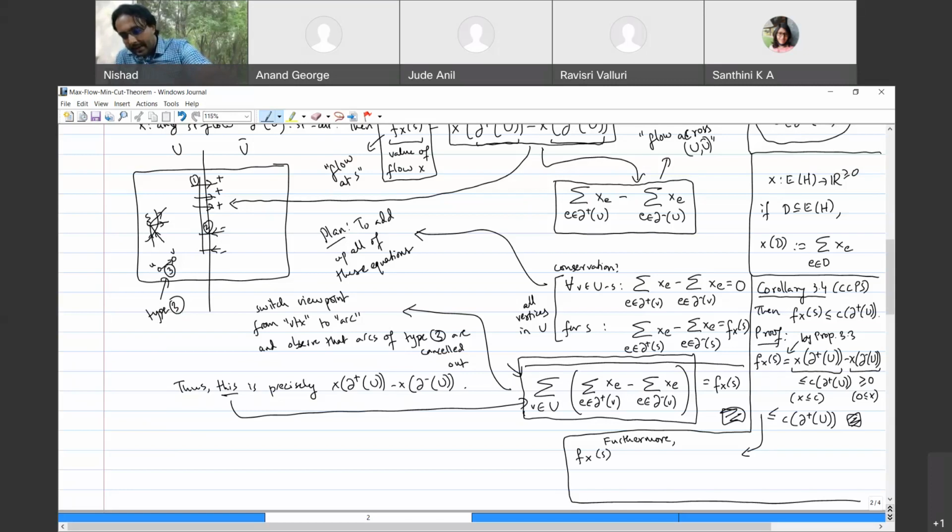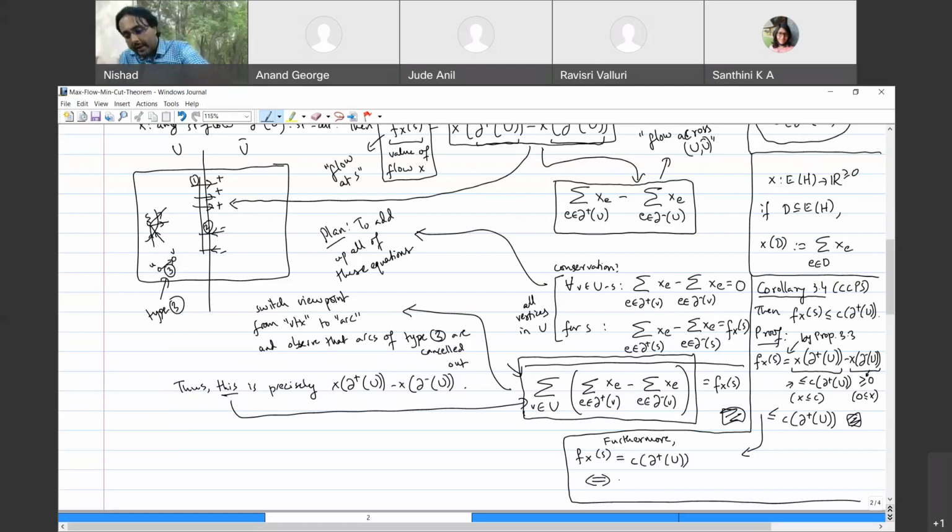the flow is exactly equal to the capacity of the cut if and only if you have equality in all of these places. Does everybody agree?